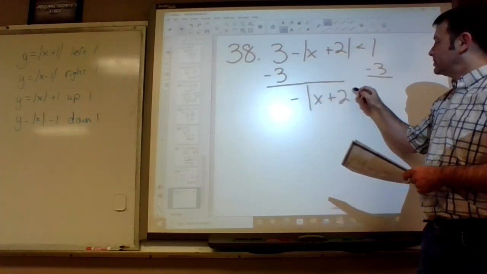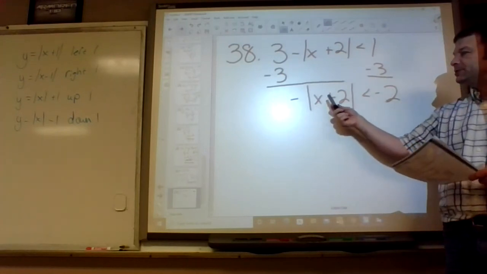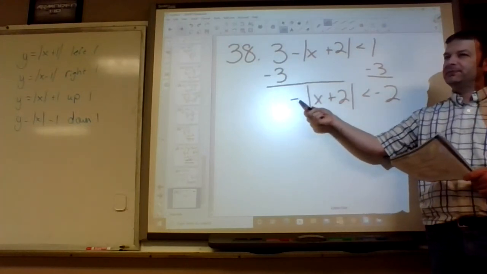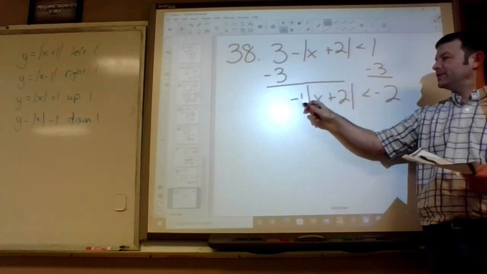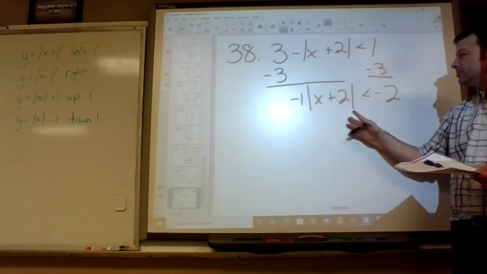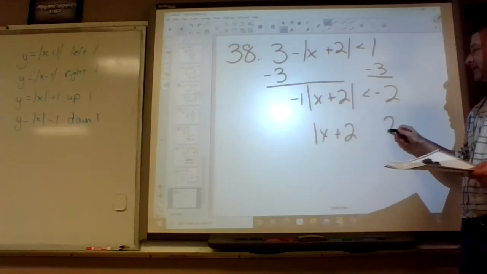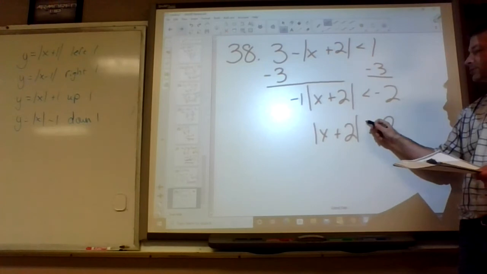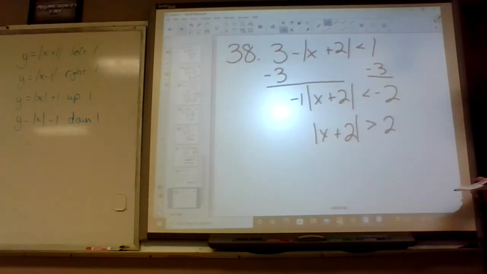But what's that leave? Negative absolute value of x plus 2. How do we get rid of the negative? Multiply or divide by negative 1. It's kind of like an invisible 1 right there. Divide by negative 1 makes this a positive 2, but it also switches the inequality. So it's actually an absolute value greater than.